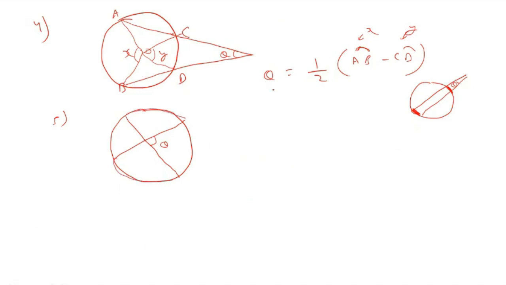It's direct to derive visually as well, right? So here theta would be equal to whatever this arc subtends at the center minus whatever this arc subtends at the center, taking the half and changing the minus to a plus.